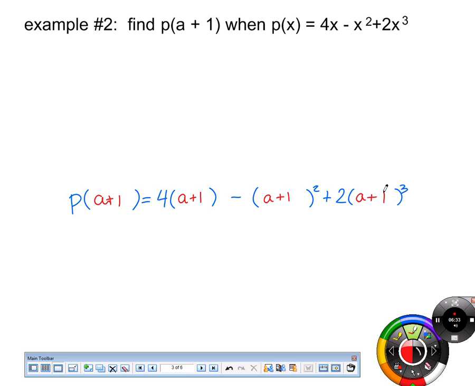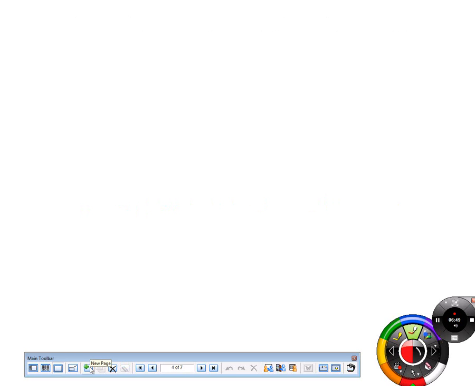Then we have to go through and do a bunch of order of operations stuff, and this one has a cube in it. I took out all the other cubed ones in the notes, but just to go through this once to remind you guys how it kind of works. So as a side note, I'm going to add an extra page in here, and we'll come back to this slide. But off to the side, just a reminder for you guys to get what a plus 1 to the third power is, because we're going to do our exponents before our multiplication, division, addition, subtraction, we need to do a plus 1 times a plus 1 times a plus 1.